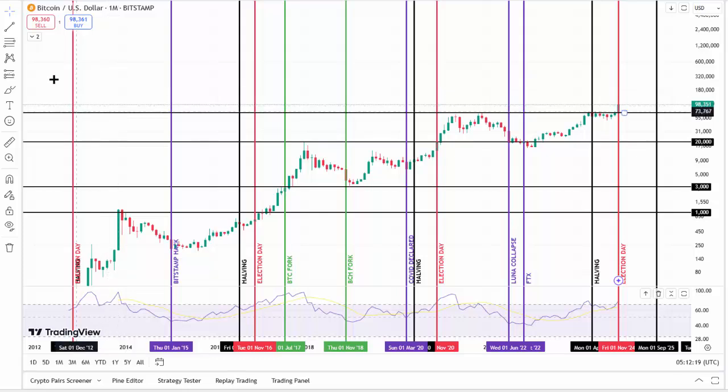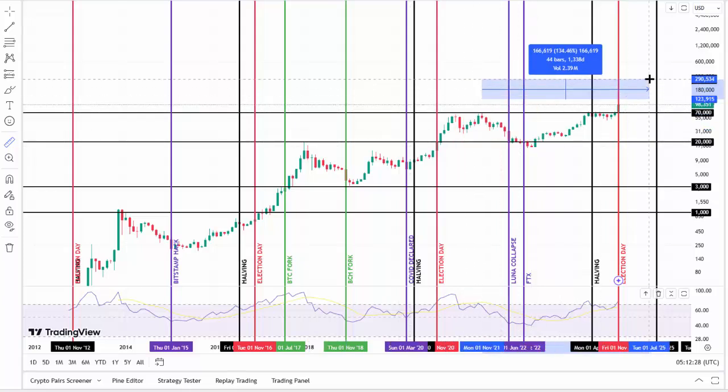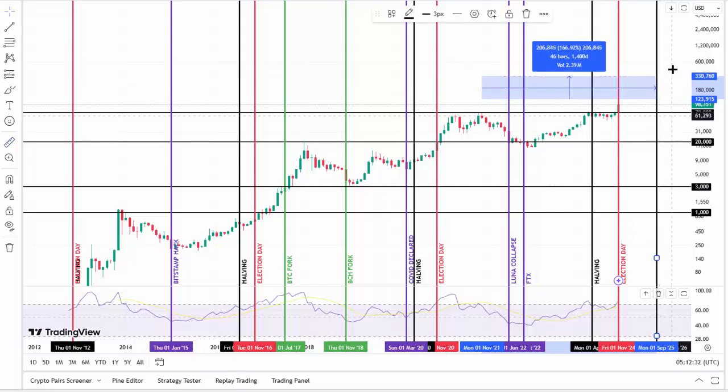So if we go 46 bars from the previous top here, this is when we should be topping from this current parabolic phase of the market. We should be topping in September 2025.